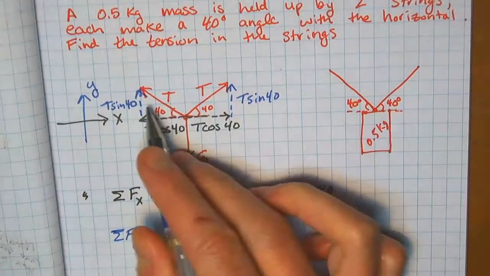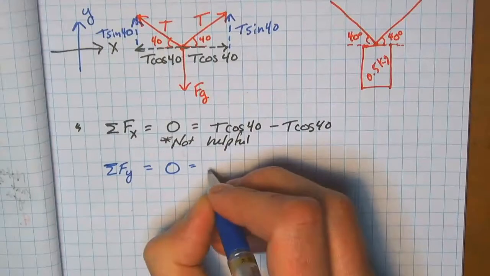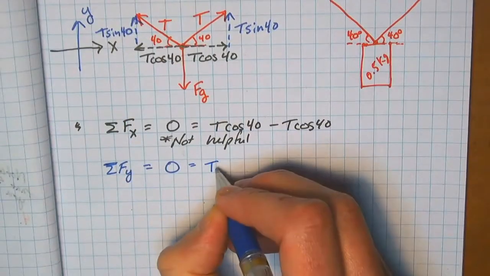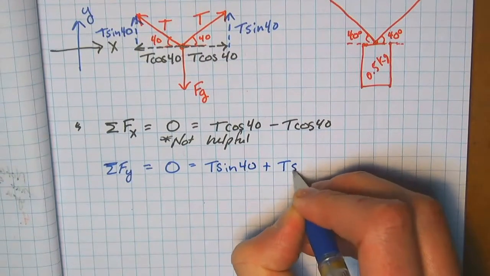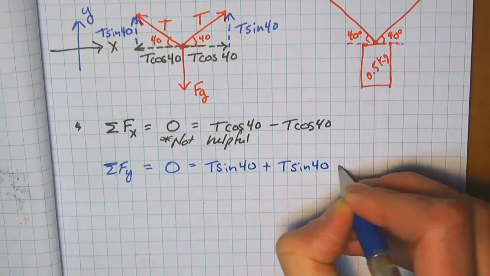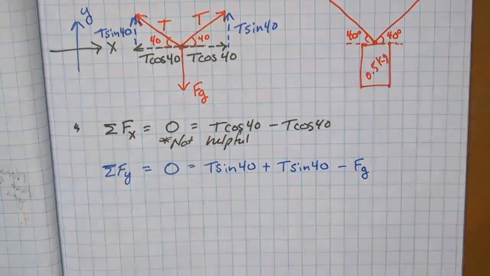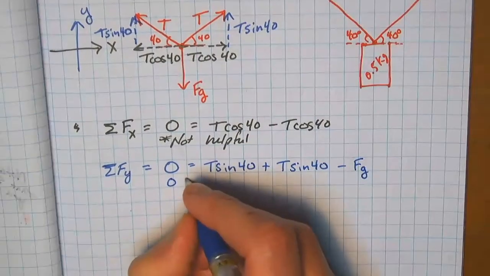So remember, for this, you do ups minus downs. So the up forces are these T sine 40s. We have two of them. So T sine 40 plus T sine 40 minus the force of gravity. Force of gravity is negative because it's downwards. I can simplify this a lot, right?